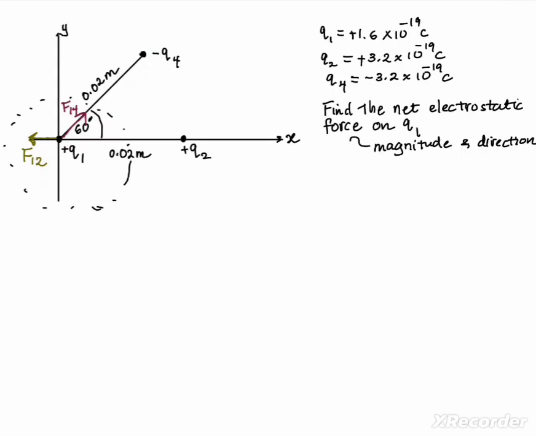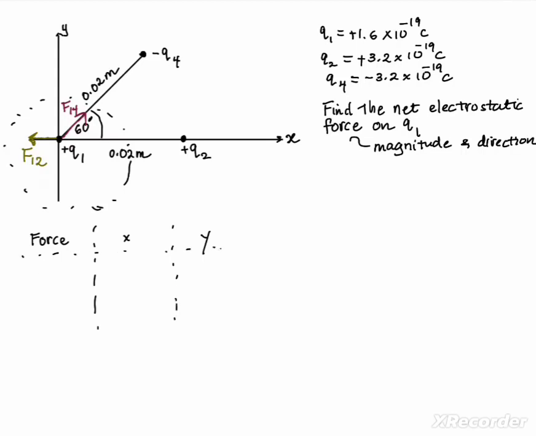So let's look at the chart. Let's look at the x and y components of F. So if I draw a chart, we have a force, and we have an x component, and then a y component. So we have two forces here.